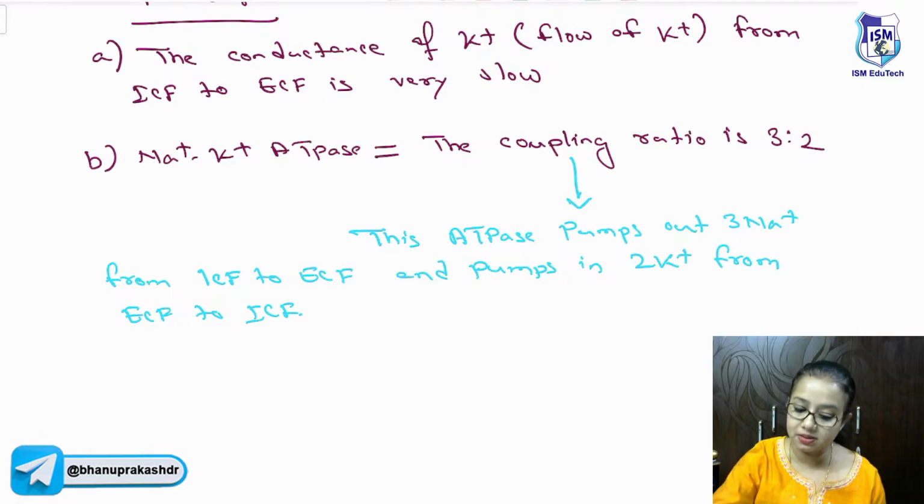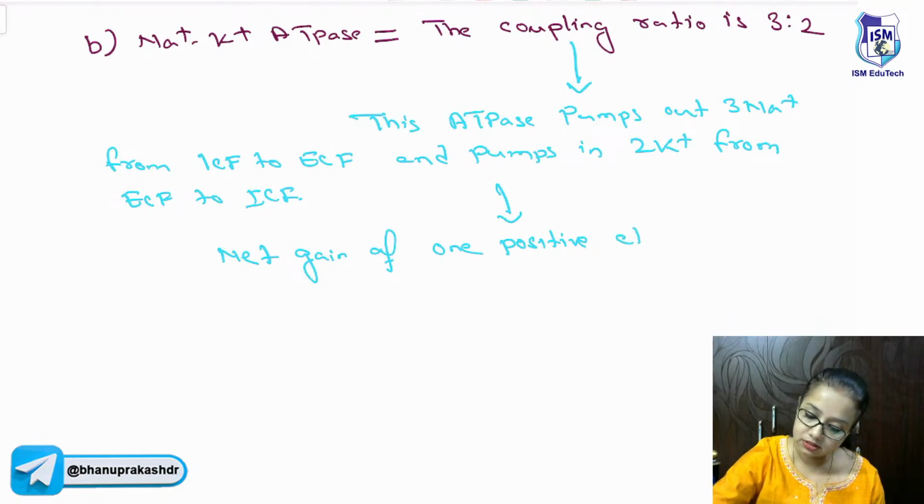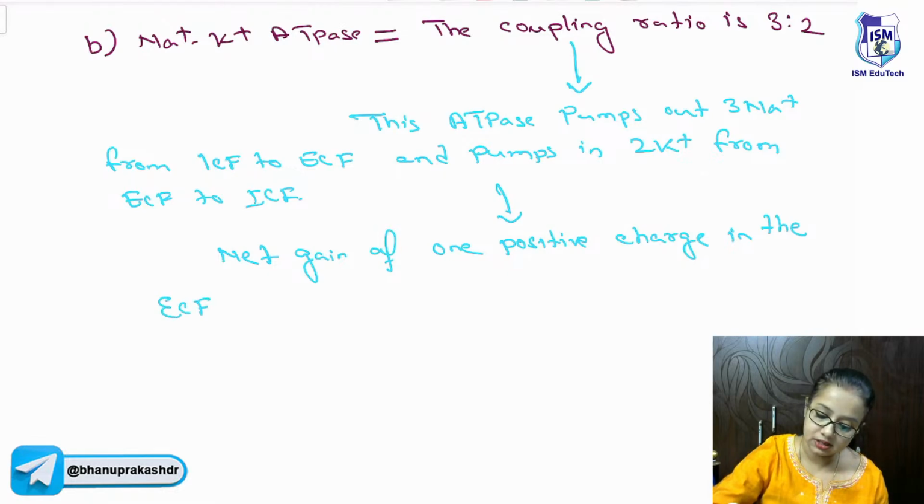So every time there is a net gain of one positive charge on the ECF side of the cell membrane.